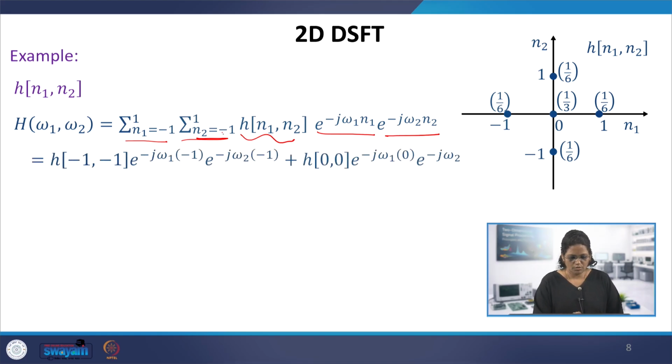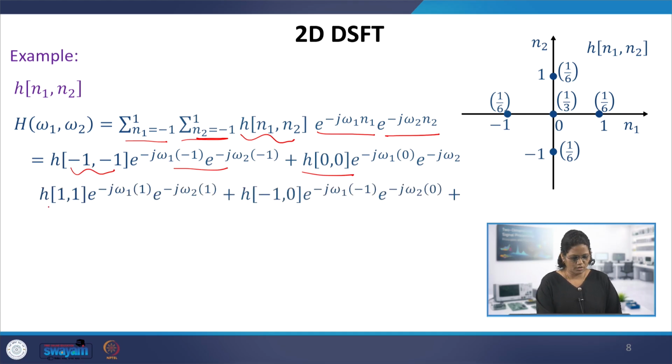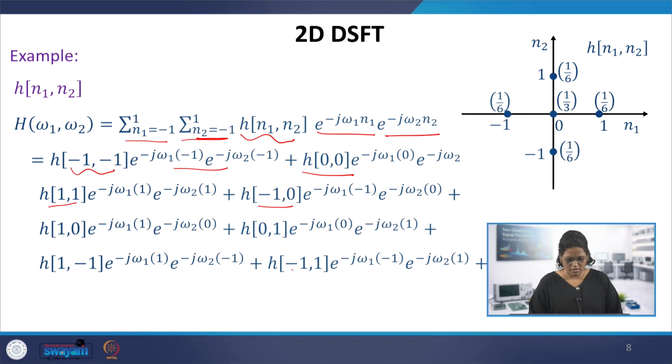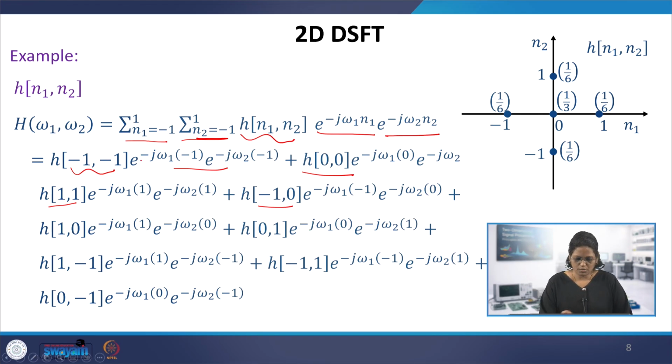So substituting different values of n1 and n2: minus 1 and minus 1, then n1, n2 is 0, 0, yielding this in this equation, and n1, n2 of 1, 1 gives this, minus 1 and 0, and similarly 1, 0 and 0, 1 would give, and 1, minus 1 and minus 1, 1. So all combinations of 0, minus 1, n1 and n2 are satisfied in these combinations. So substitute those values.